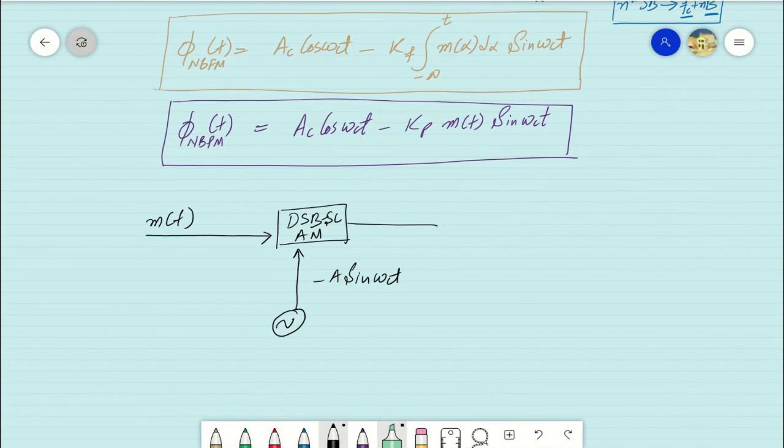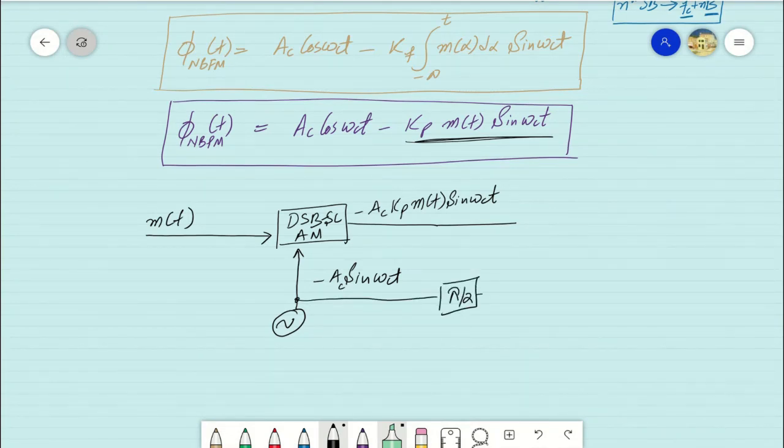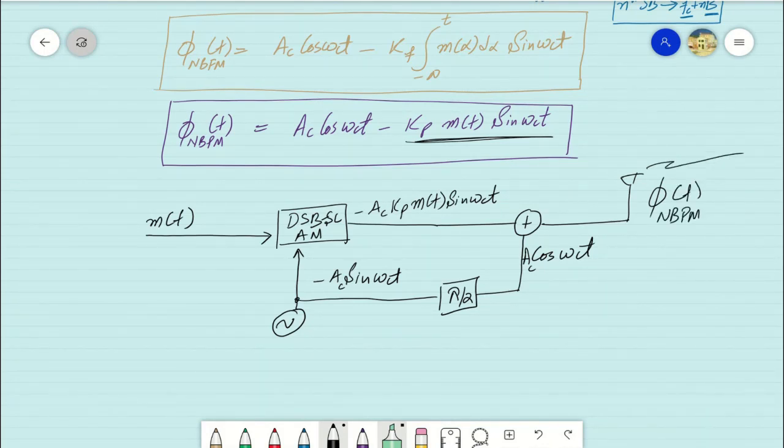After this double sideband amplitude modulation, we obtain c into kp, if we are discussing phase modulated signals, into m of t into sine of omega ct. After obtaining this part of the equation, we add a pure sinusoid signal, that is a phase shifted variant of the carrier signal. After adding these two parts, we obtain a narrow band phase modulated signal in time domain, which can be transmitted from the antenna.